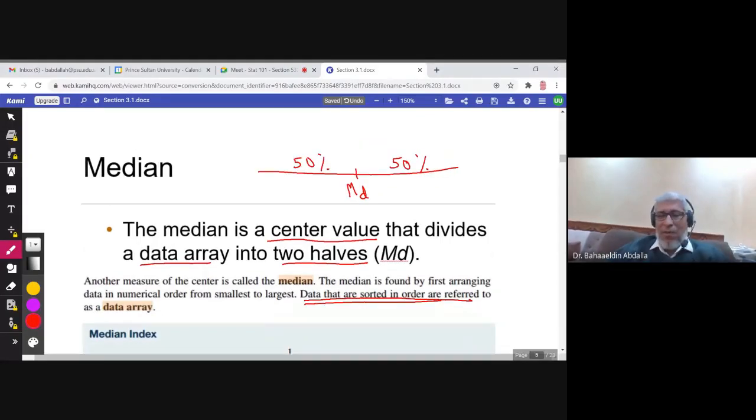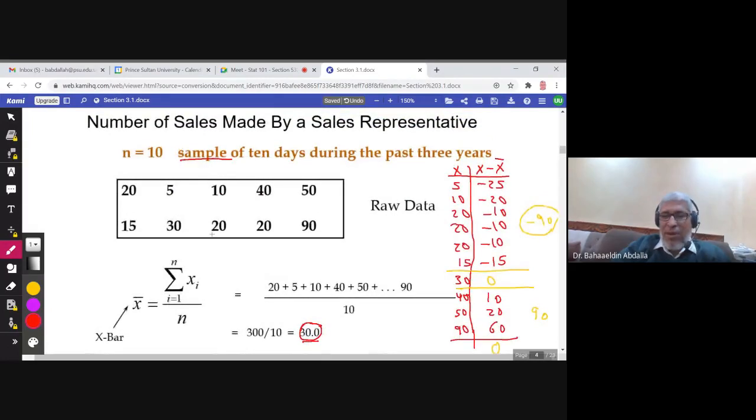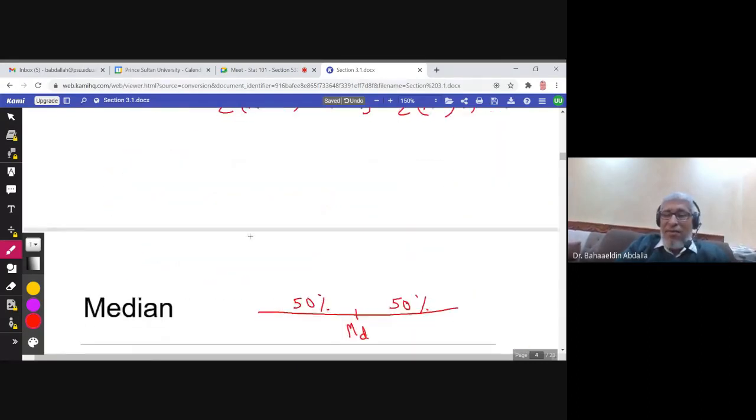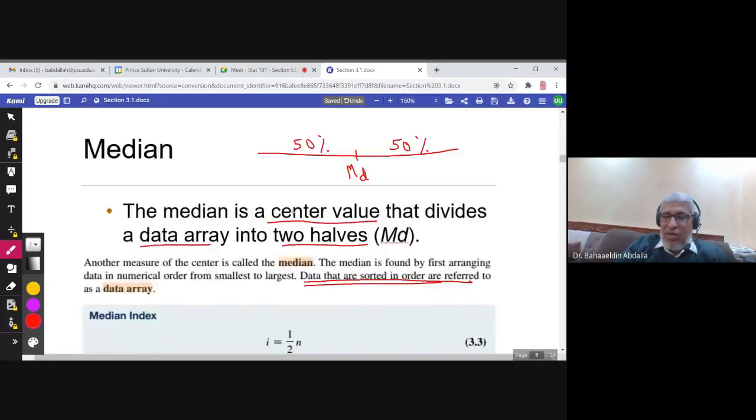That means if you have 10 numbers, like here, and you find the median, then 5 numbers would be to the right and 5 numbers would be to the left.